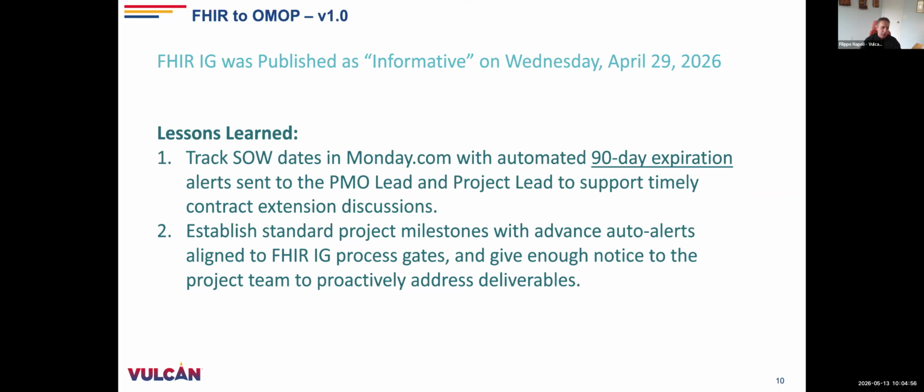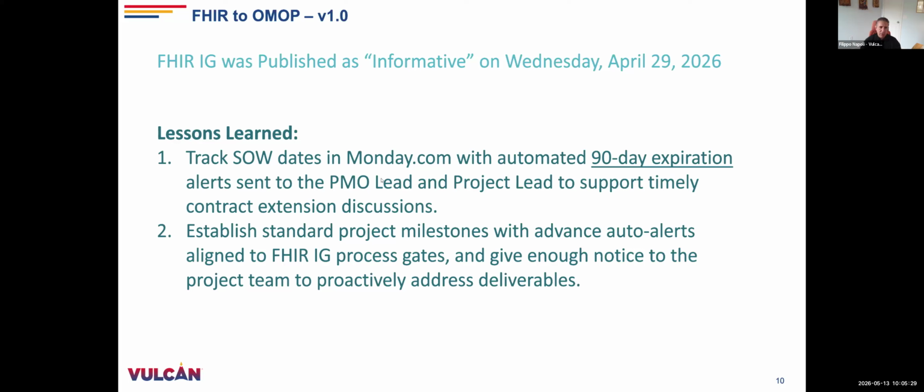The team is working on beefing up the structure maps. They're also adding the race and ethnicity extension, and adding more to it. That other IG is going as STU, or standard for trial use, and we are aiming for September. But the IG 1.0 is already available.